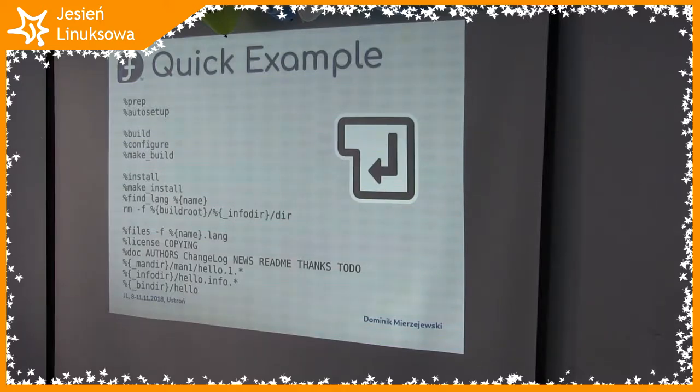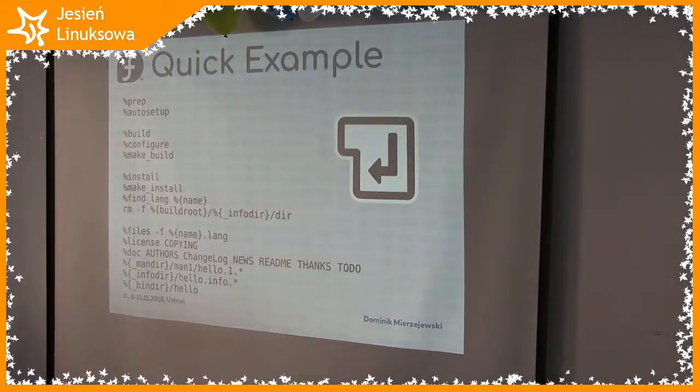So the configure macro executes the typical AutoTools based configure script with all the required options mandated by Fedora policies, and make build executes make, adding a parameter to use parallel compilation depending on the number of processor cores you have on the system where you're building it. So this is done automatically by the macro. In the previous version we had make and some more complicated macro name, but right now it's just one simple macro.